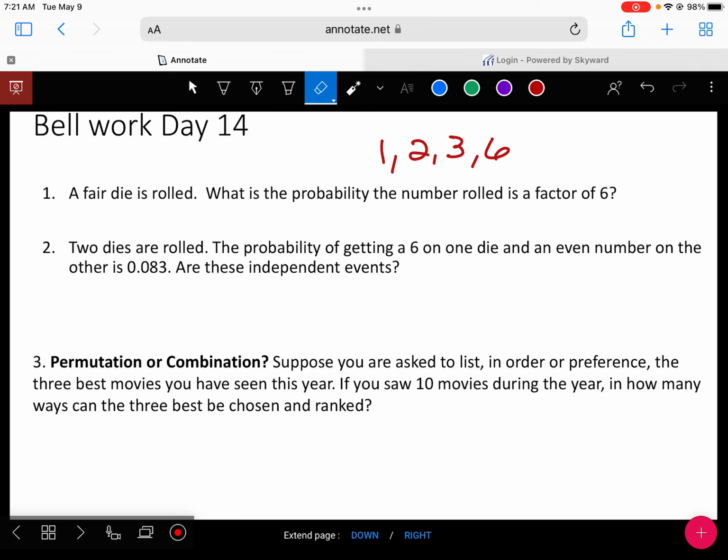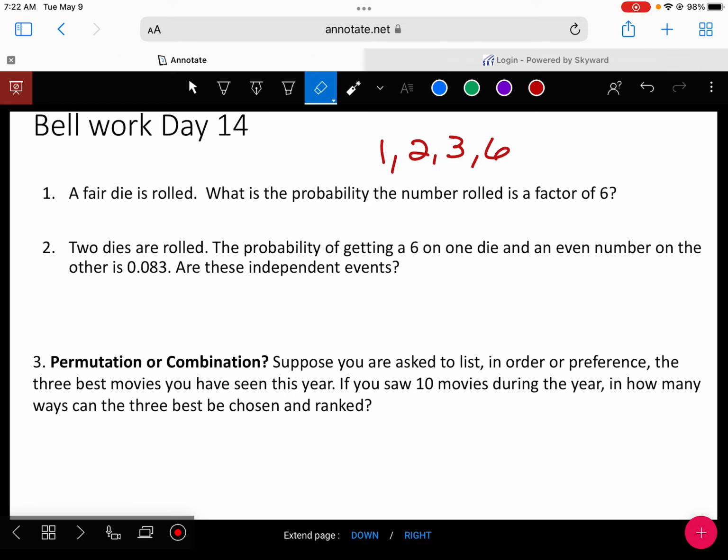So probability is the number of successes out of the total number. So if I have a die with the numbers 1, 2, 3, 4, 5, 6, what is my numerator, the top number, going to be? Alex? What is the probability that the number rolled is going to be a factor of 6?